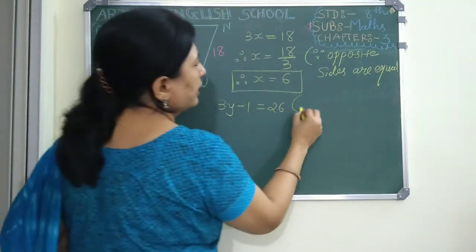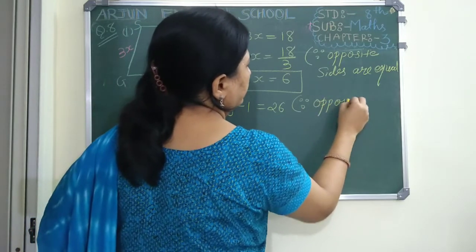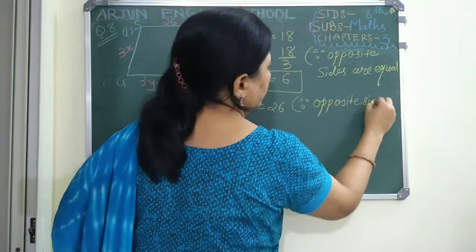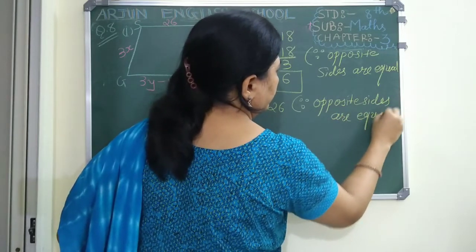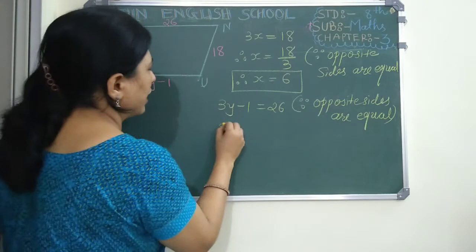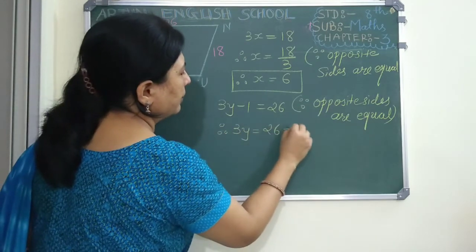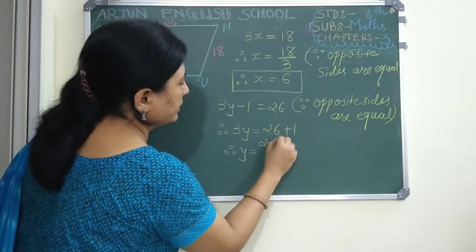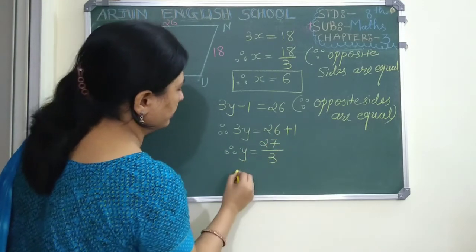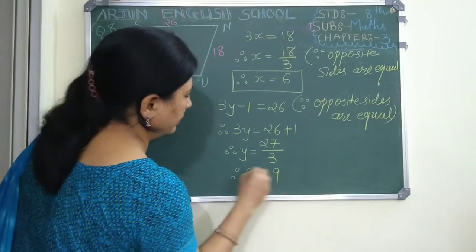And here also we will write the same, opposite sides are equal. Therefore, 3y is equal to 26 plus 1. Therefore, y is equal to 27 divided by 3. Therefore, y is equal to 9.